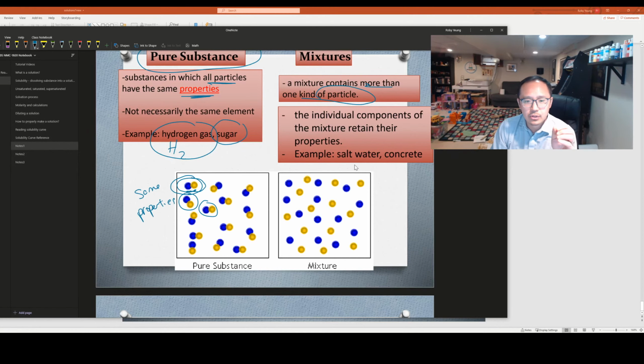So like salt water, for example, you can have salt that you can take out, and water you can sort of condense. So both of these will remain with their own individual properties. So if this is your salt and this is your water, they will still retain their own property. That's your mixture. Or concrete is just a mixture of various different substances put together, right? Like different gravel or sand or whatnot, right?